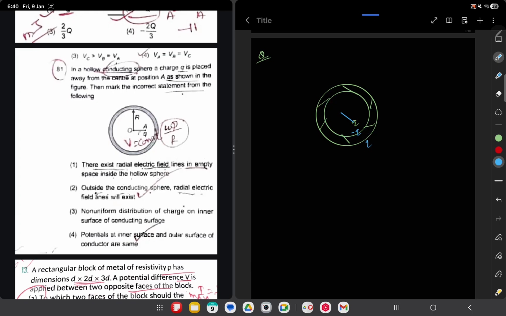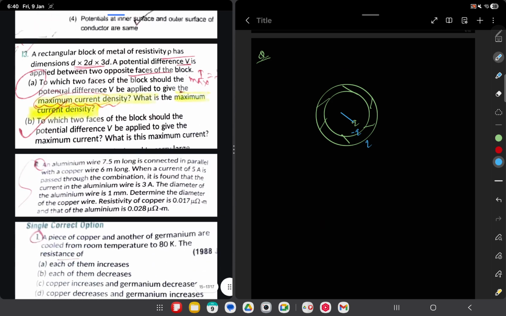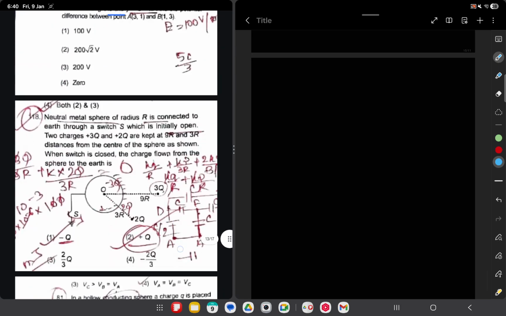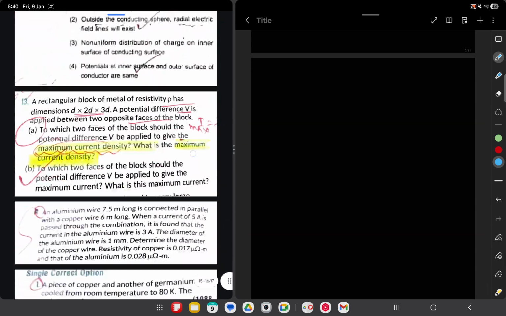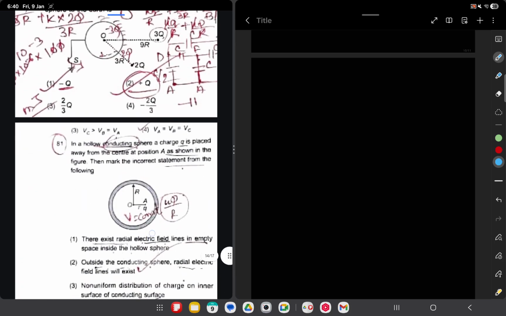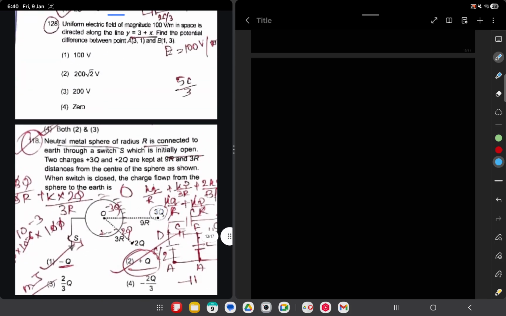In the case of gravitation that doesn't happen, you will get a field, but in electrostatics the net field inside will be 0. So these were some good questions from electrostatics, and in the next lecture I will be solving a few questions of current, electricity and induction.